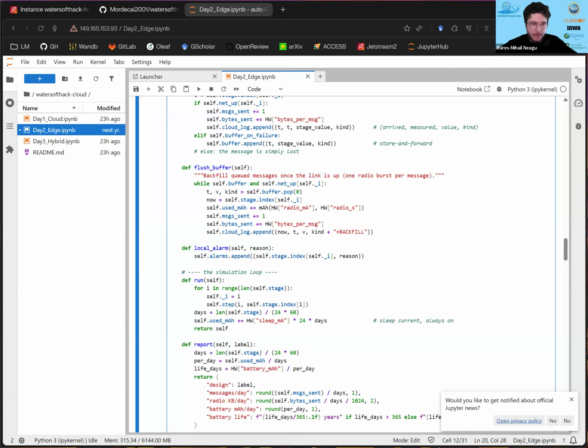You're going to see here self.buffer.pop is going to remove the oldest one, and each filled record is going to log both its arrival time and its original measure time, so when it fired and when it got sent. And it's going to be tagged as backfill instead of data. This is how the smart gauge tells the cloud that it healed itself after an outage, if the connection was lost.